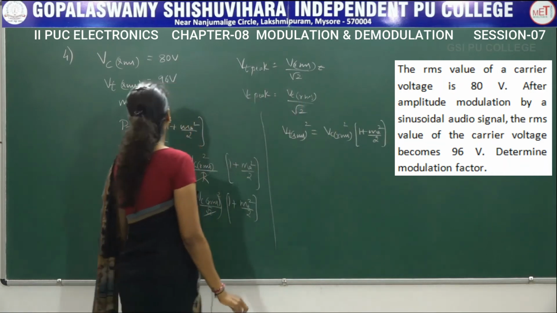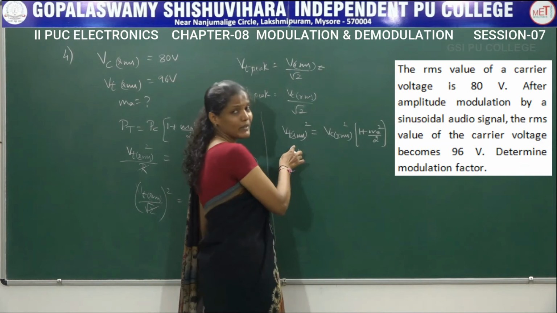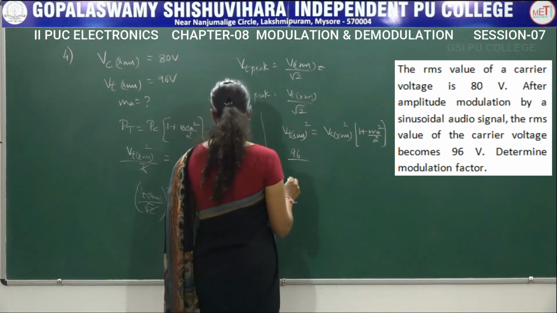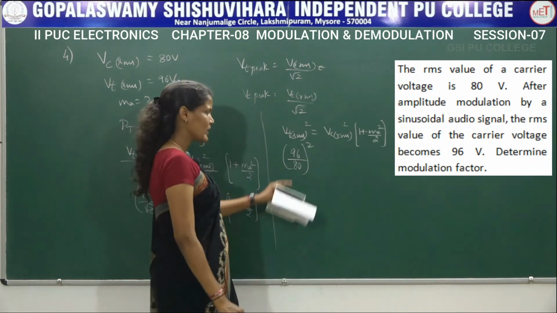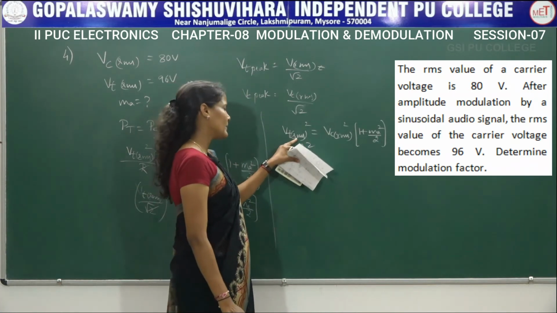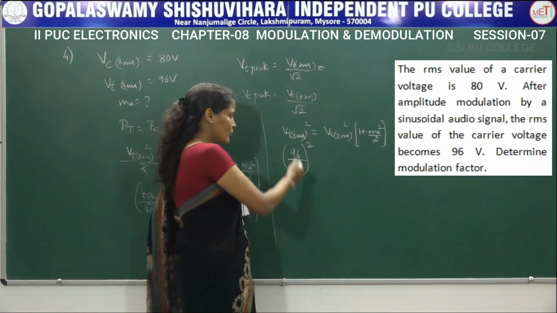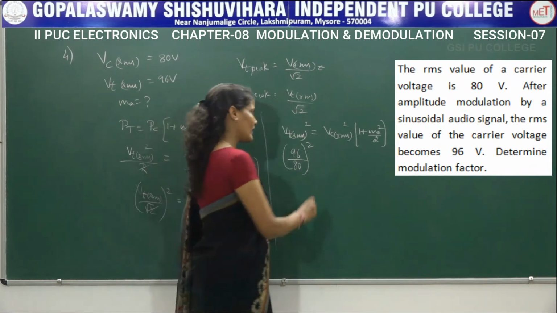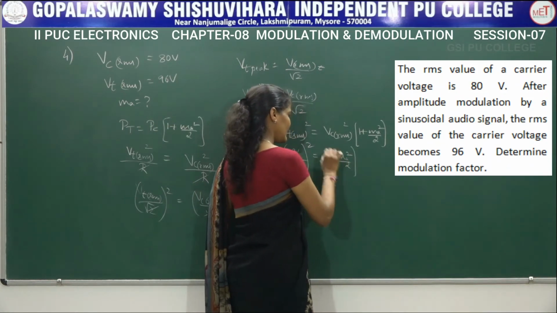But VT RMS value is 96 and VC RMS value is equal to 80, whole square. I hope you are clear with this step. VT RMS square divided by VC RMS square, I have written as the whole square, equals 1 plus MA square divided by 2.